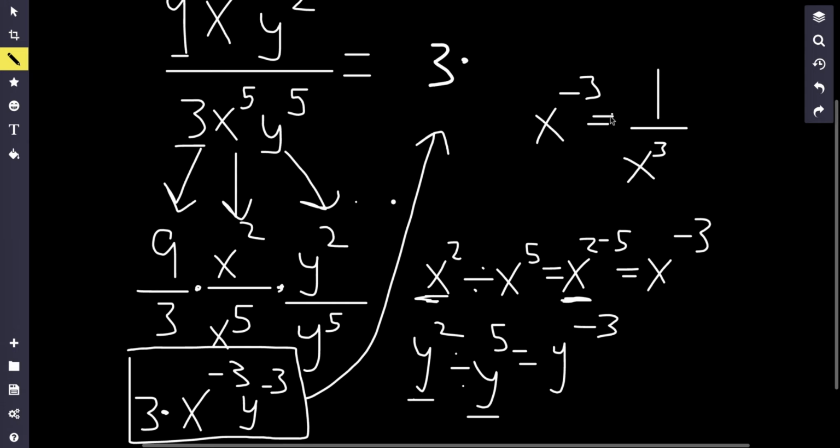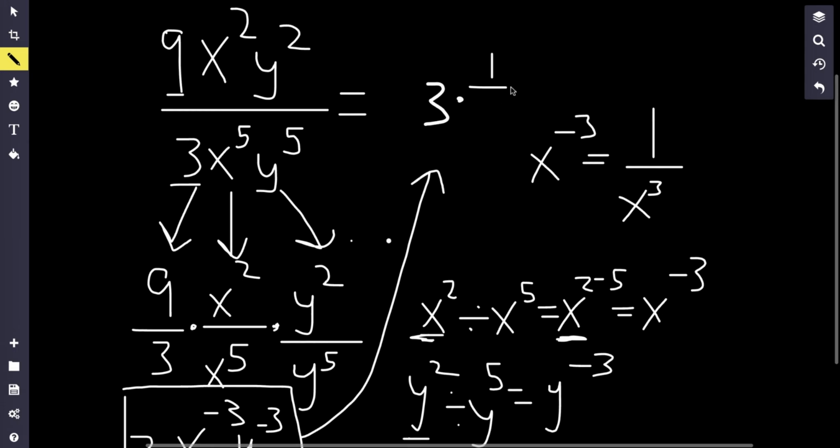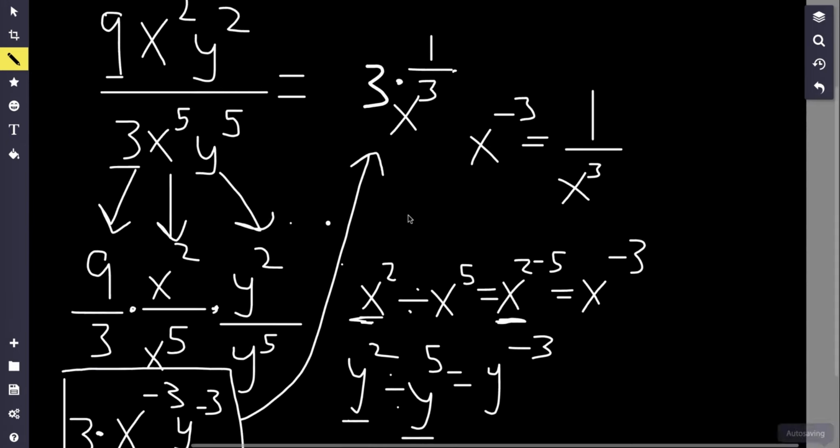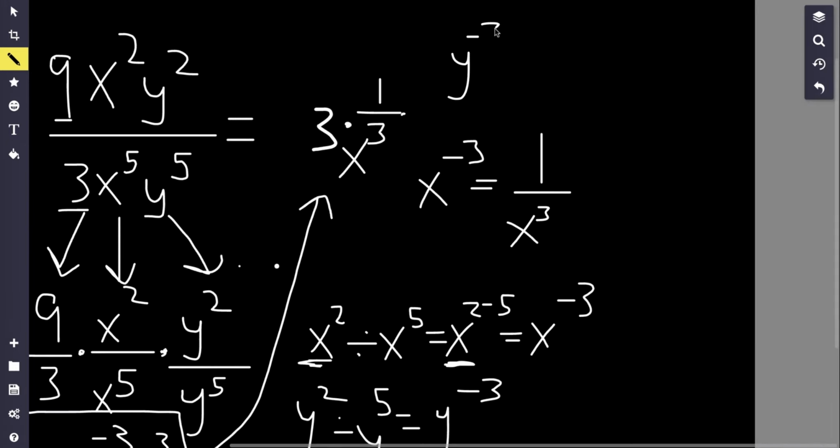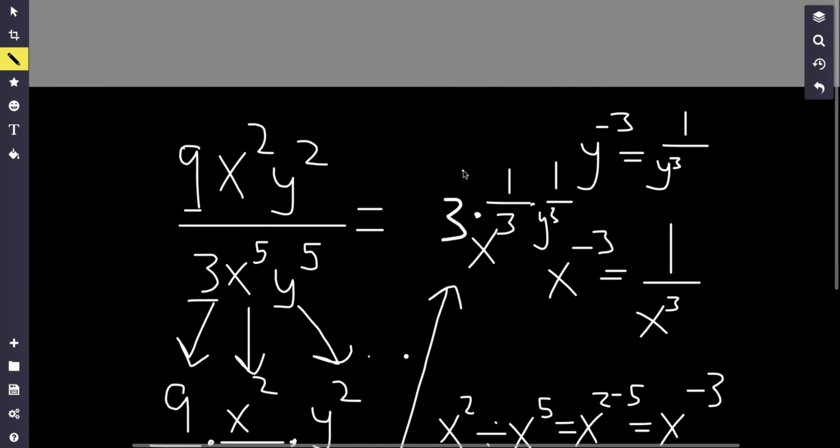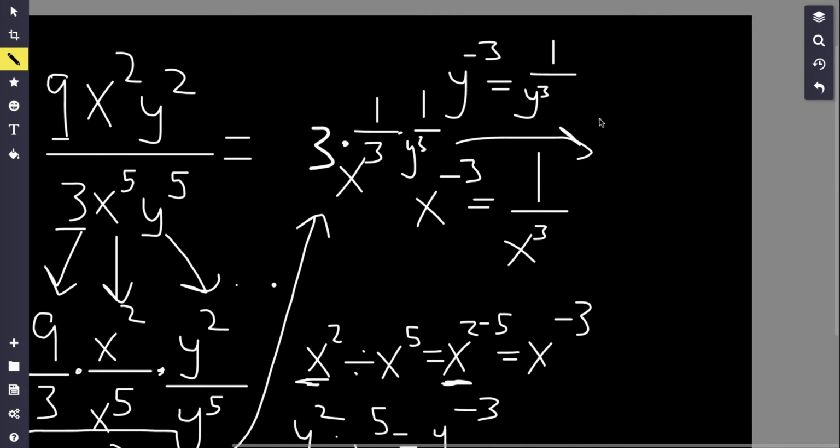So it's going to be 1 over x to the 3rd power times, well, y to the -3rd power can be rewritten as 1 over y to the 3rd power. So times 1 over y to the 3rd power. So this whole expression can be rewritten as 3 divided by x to the 3rd power times y to the 3rd power.